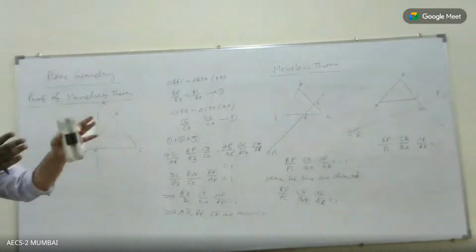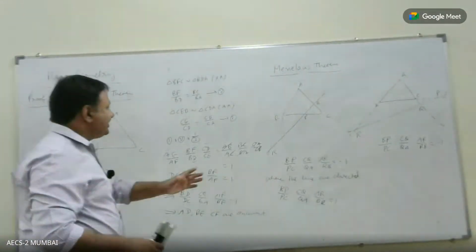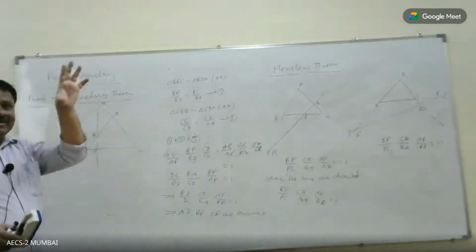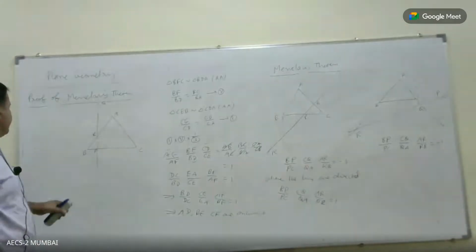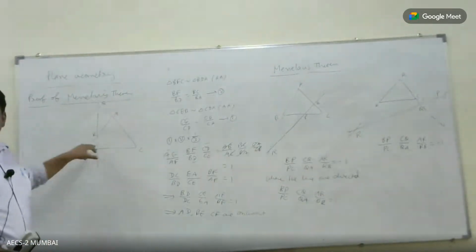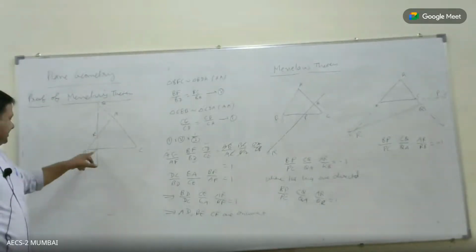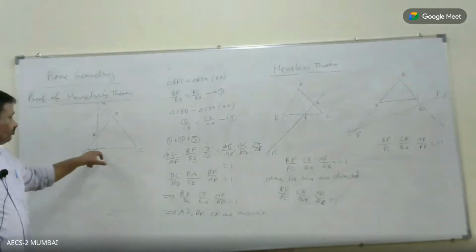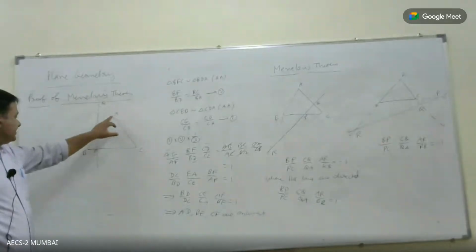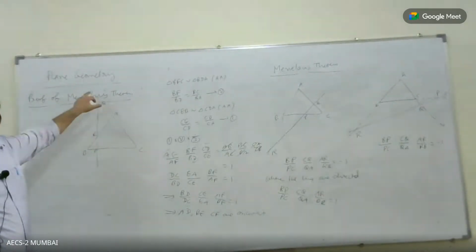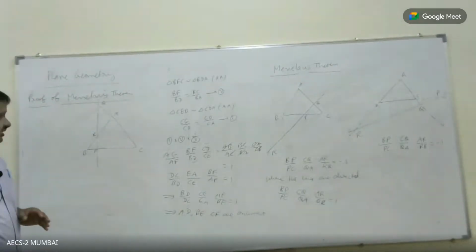Same diagram with a different transversal; I took it here just for ease of looking at the diagram. So ABC, this is the transversal. BC is cut at P. AB is intersected at R. CA is intersected at Q. Okay.